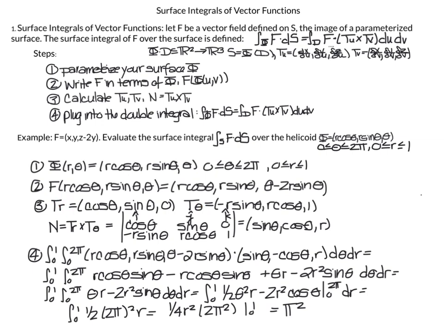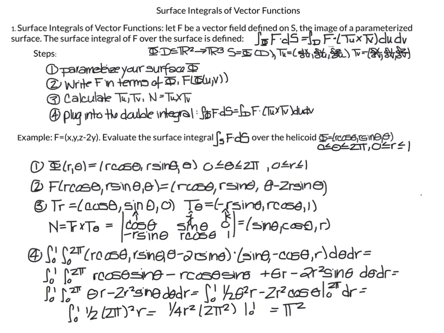The partial derivative with respect to r, considering theta a constant, will be (cosine theta, sine theta, 0). The partial derivative with respect to theta, now considering r a constant, will be (minus r sine theta, r cosine theta, 1). And then we can calculate the normal by doing the cross product, and we get (sine theta, minus cosine theta, r). Finally, we can plug into our double integral.